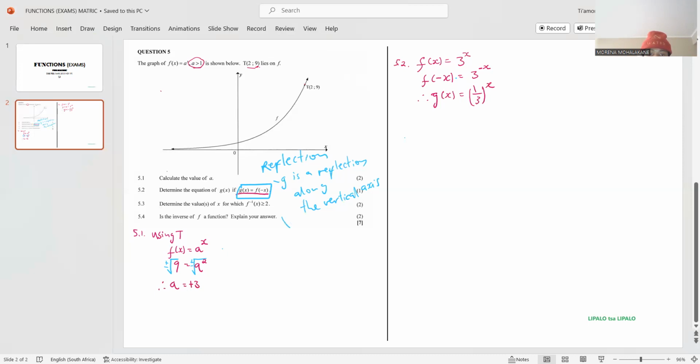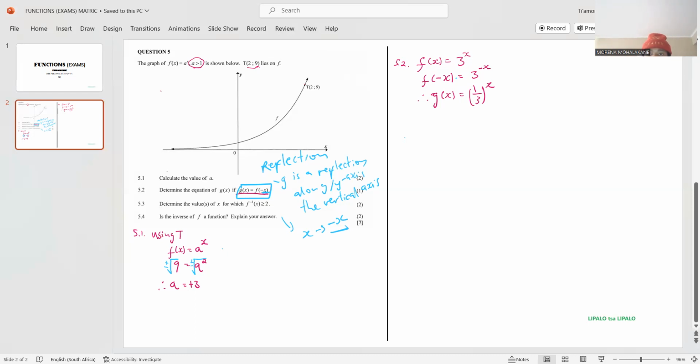Or they can say along the y-axis. Remember with reflection, we spoke about it in the previous videos. Reflection along the y-axis, x becomes a different sign. So that's what happened here.